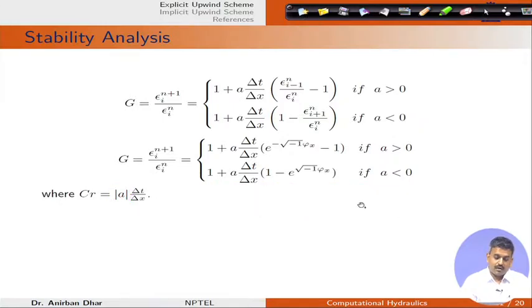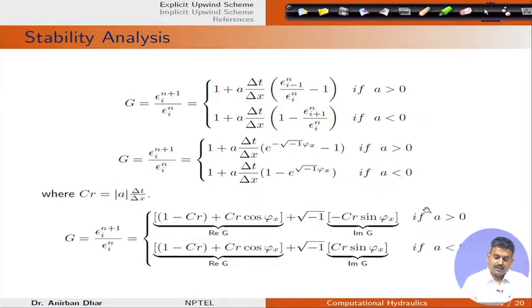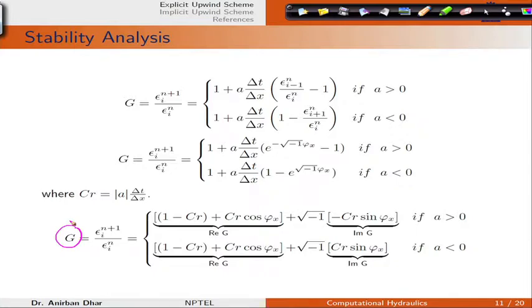Now, with this CR we can proceed and we can define our amplification factor in terms of the real and imaginary part of G in simplified form.